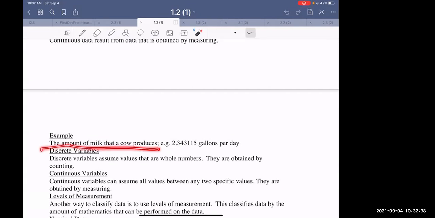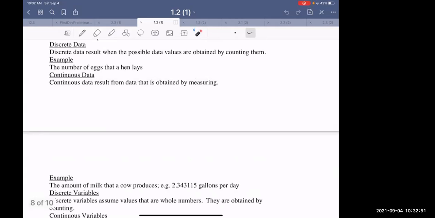So the amount of milk that a cow produces, 2.343115 gallons per day. If you're measuring, you need an instrument to measure.